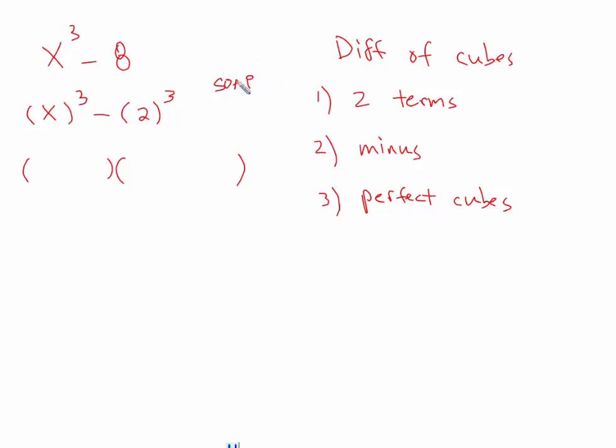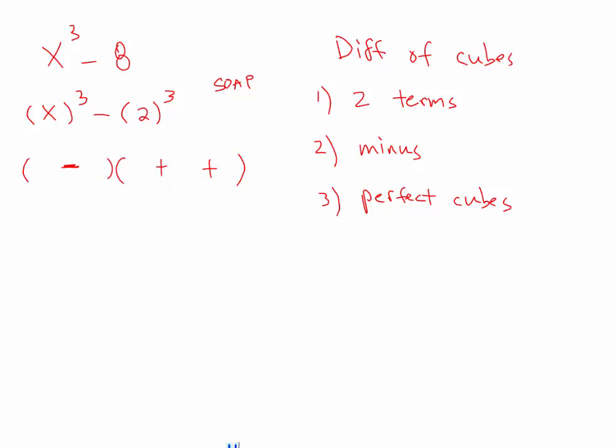It's called SOAP, meaning the S stands for the same. So whatever this sign is, it's the same thing in the binomial. This sign right here is O for opposite, right? So it would be positive in this case. And the last sign, AP, for always positive. This sign is always positive right here. All right, so same, opposite, always positive. So this gets you your signs.